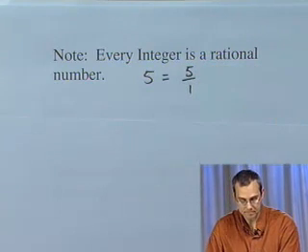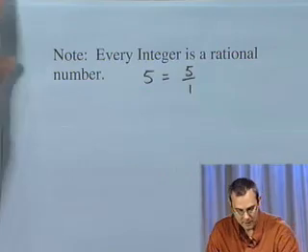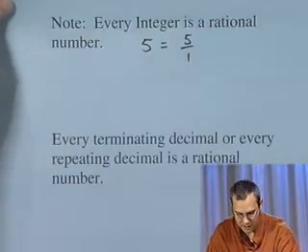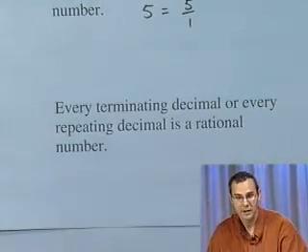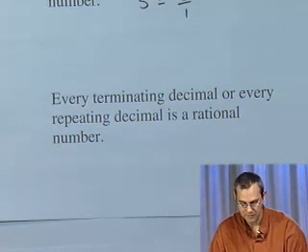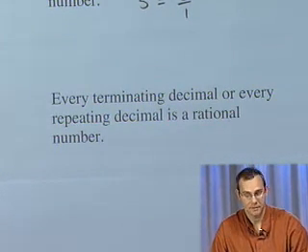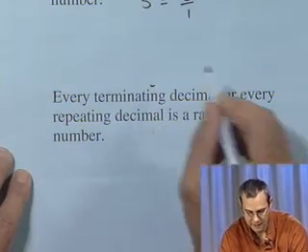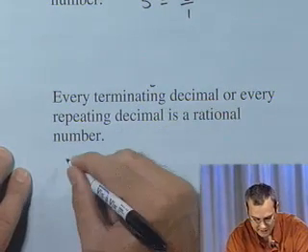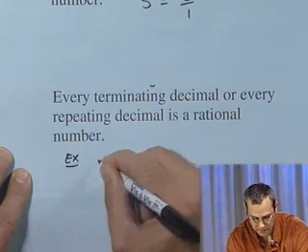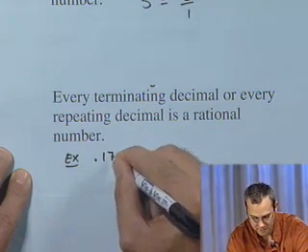All right, there's some other portions of the rational numbers that we have to talk about. Every terminating decimal or every repeating decimal is a rational number. Let's take a look at a terminating decimal. Example, 0.17.